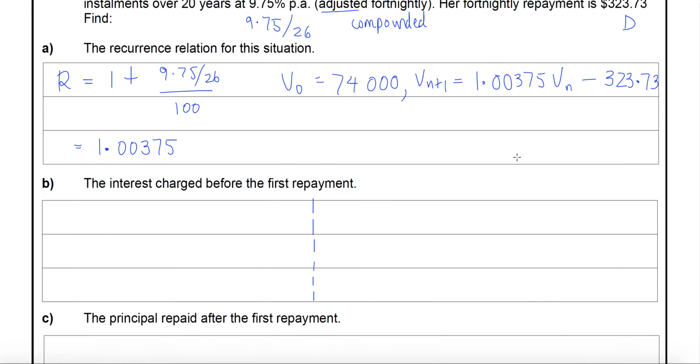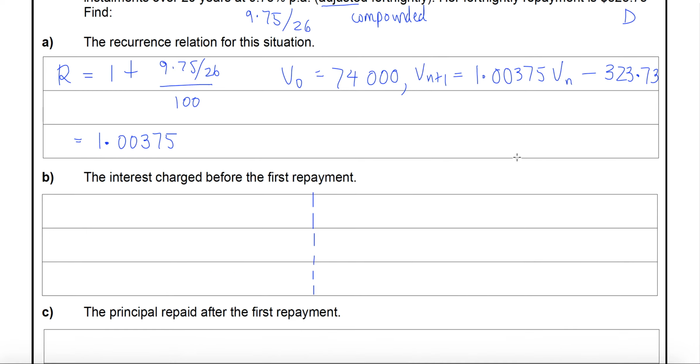So what we want to know is how much is she actually being charged when she goes to make her first payment. Now, all we need to do is know what the interest rate is for the compounding period, which was 0.375. That was per fortnight, and she is paying fortnightly.